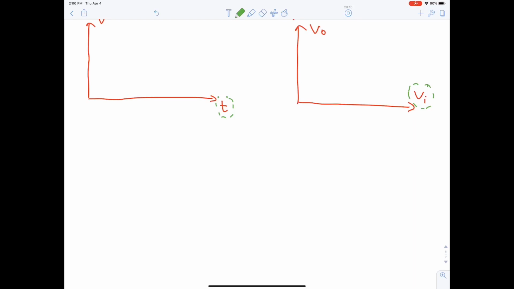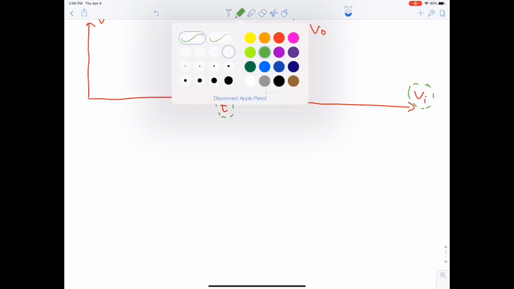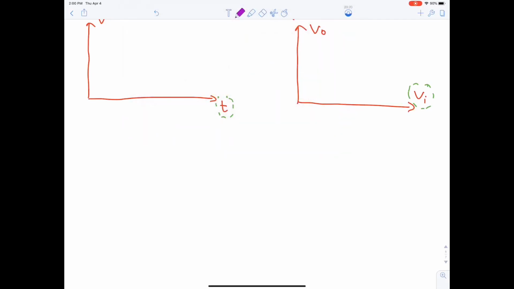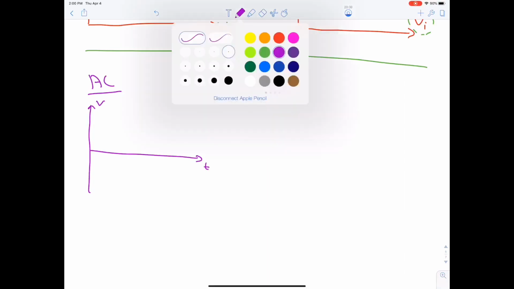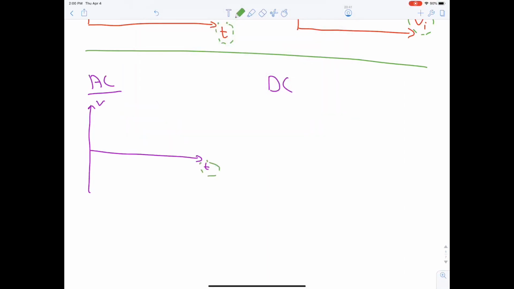Now, usually we have an AC signal and a DC signal. Okay, an AC, as we said, is an alternating current. It's not fixed. It keeps changing, alternating. So usually this is a waveform, by the way. See, there's time on the x-axis.